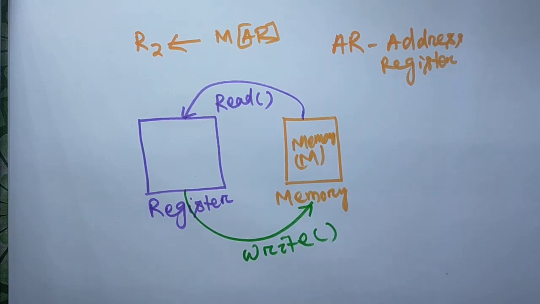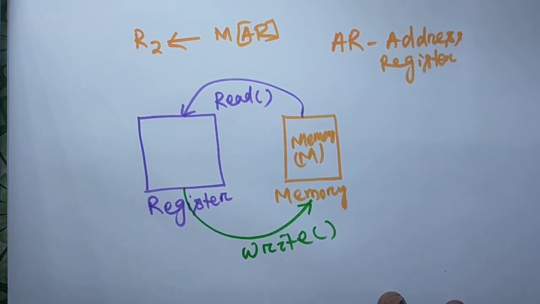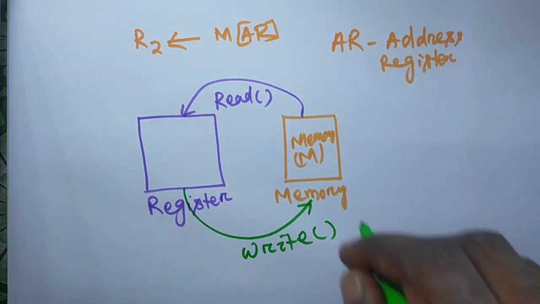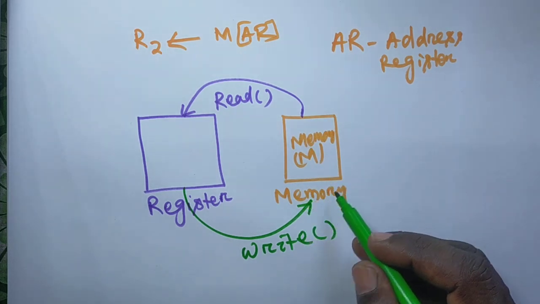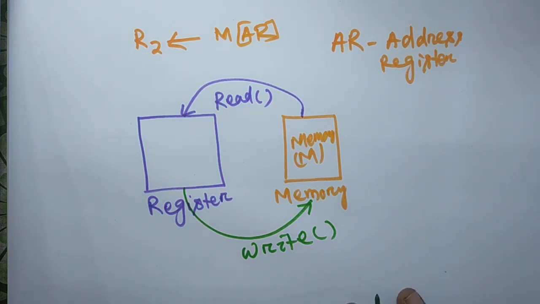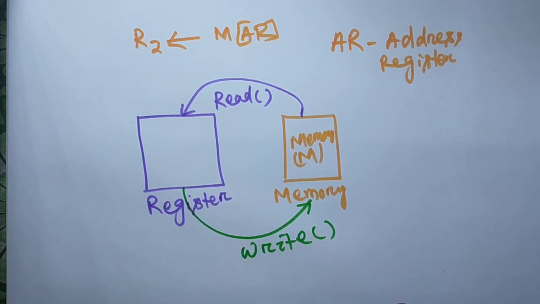Whenever we want to read data, no problem, we can see the data, only a read operation, there are no changes of data. If data is transferred from register to memory, we load some data into memory, store some data in memory, then we have to write something in memory. We use the write operation. This is the basic concept of the read operation and write operation.